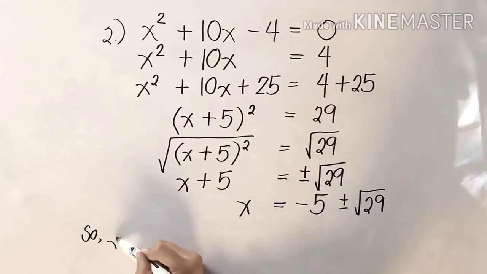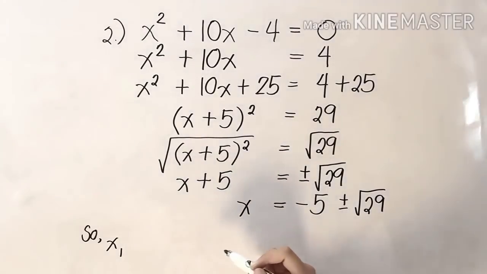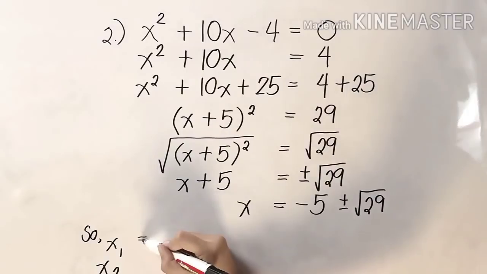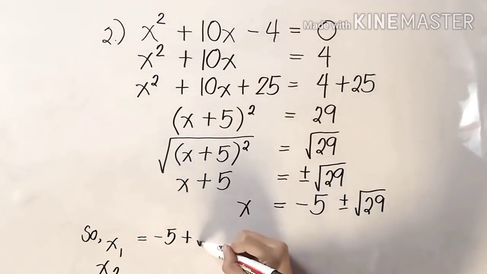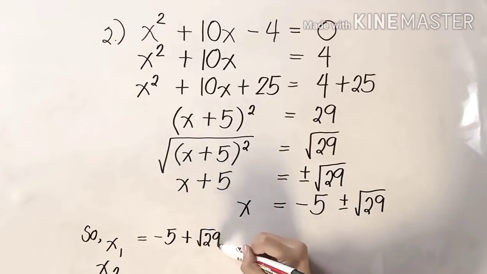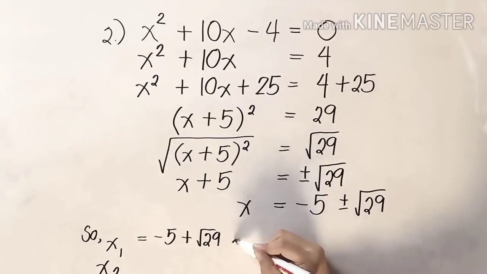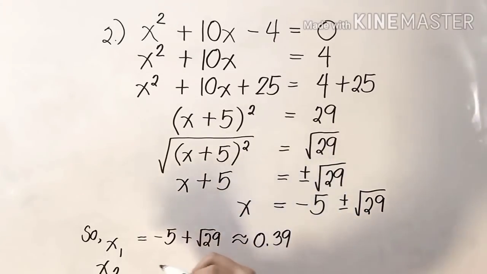So our final answer will be x sub 1 and x sub 2. We'll start with x sub 1. We have negative 5 plus the square root of 29, which is approximately 0.39.